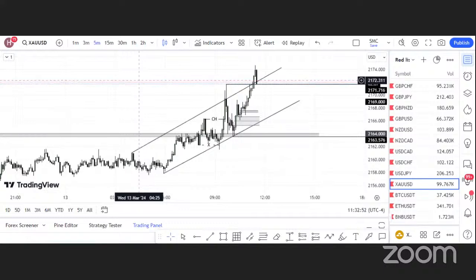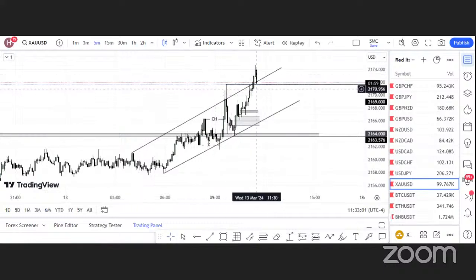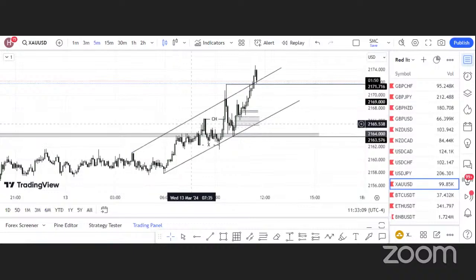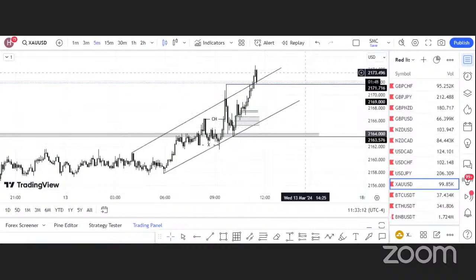Okay, it's still retesting. So what I want here is I want this current candle to close above this previous resistance line and my upper trend line channel.